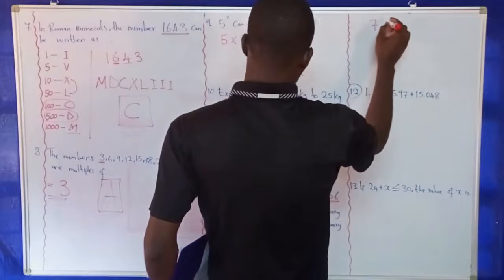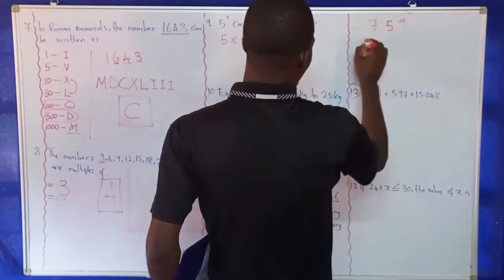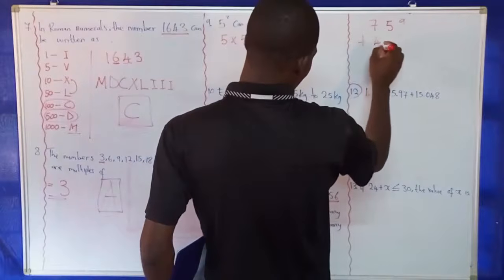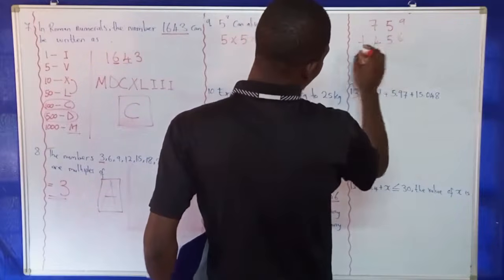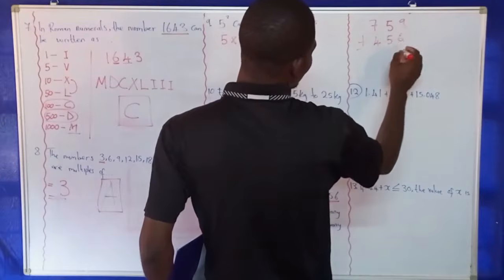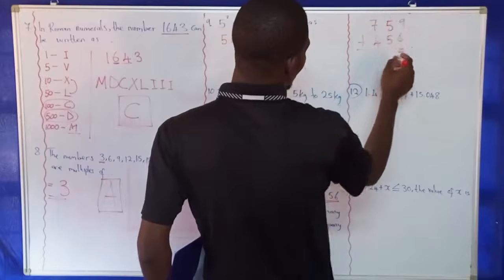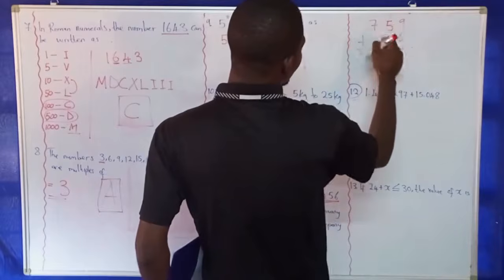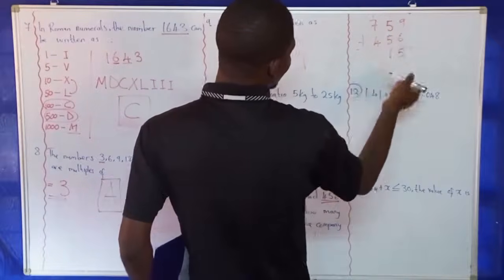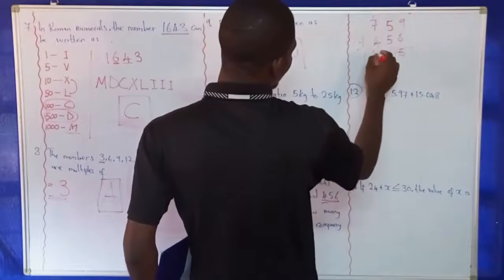So we just do 759 plus 456. 9 plus 6, 15, 5 carry 1. 5 plus 5, 10, plus 1, 11, 1 carry 1. 7 plus 4, 11, plus 1, 12.